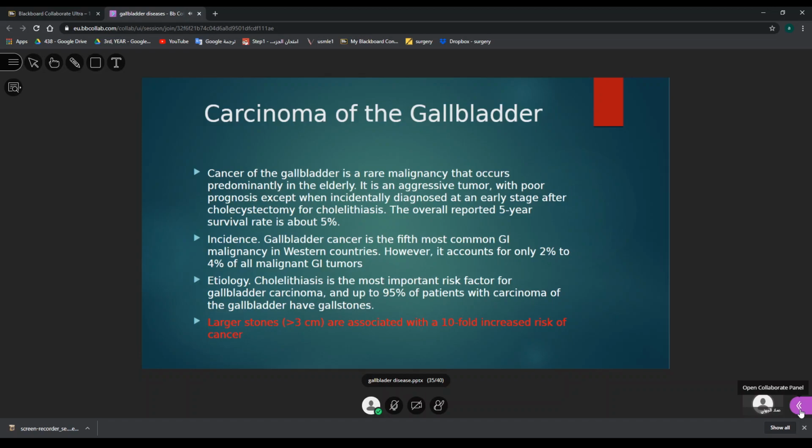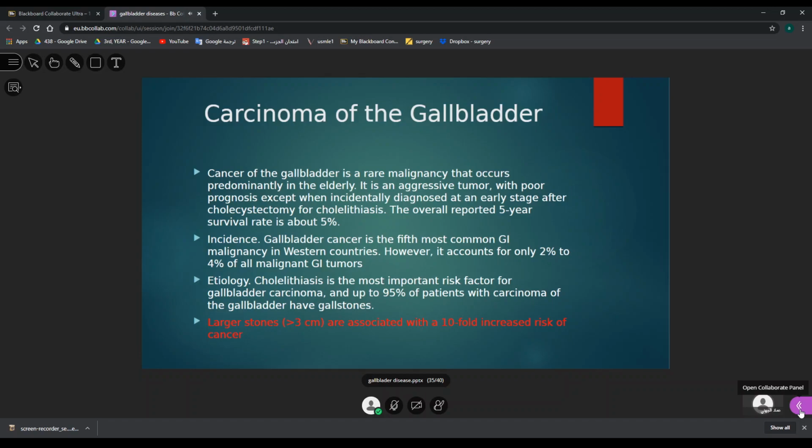Etiology is cholelithiasis, so gallstones can lead to cancer if the stone is big. A large stone more than 3 centimeters is associated with a 10-fold increased risk of cancer. On pathology, 80 to 90% of gallbladder tumors are adenocarcinoma.